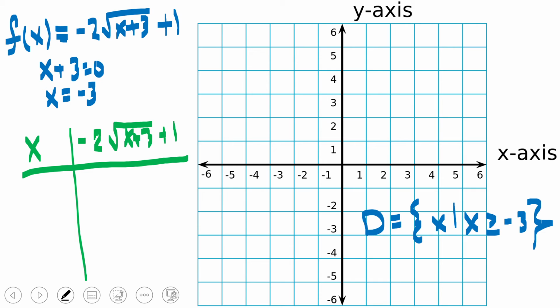So just determining where to start under the root symbol, we could start with a -3 because we can work with a 0 under the root symbol. So a -3, mental mathing that, would be a 1. A -2, mental math that, and throw a -1.